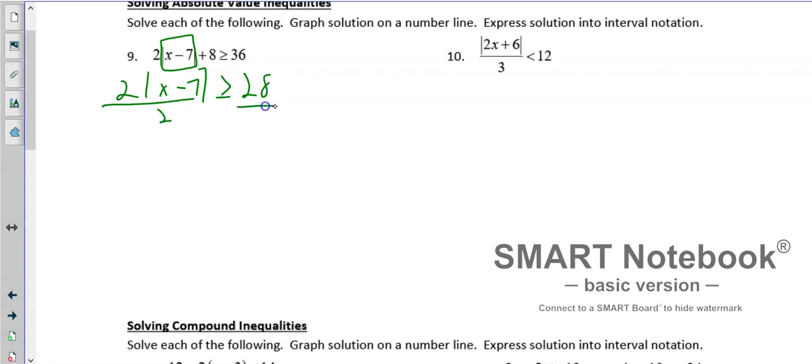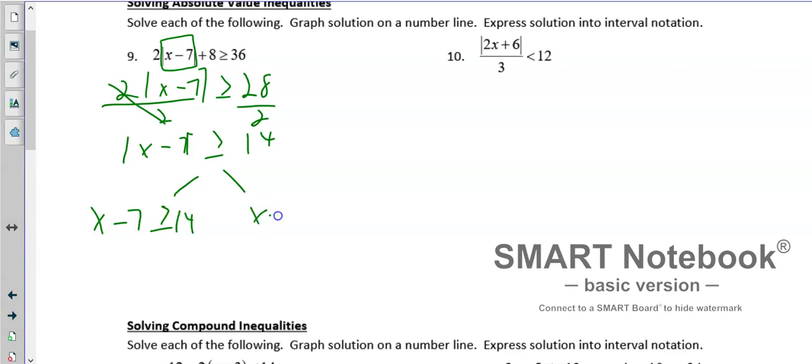Now divide by 2. I'm dividing by a positive number, so no big deal. X minus 7 still in absolute value bars is greater than or equal to 14. Now I break it off. X minus 7 greater than or equal to 14. X minus 7. Now, when I make this negative 14, I'm essentially multiplying by negative 1, so flip the symbol.